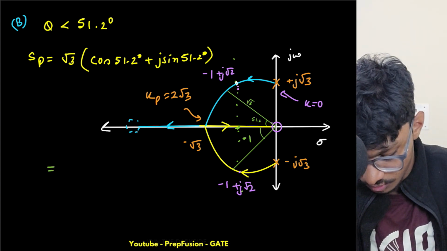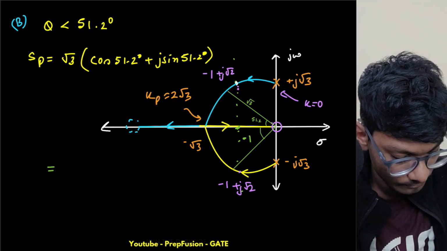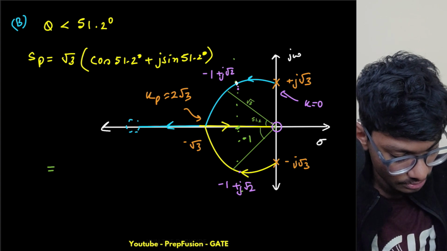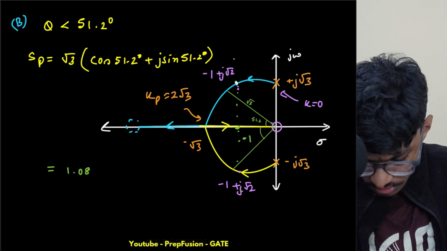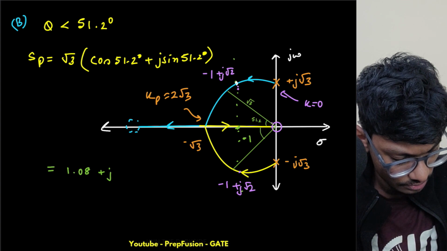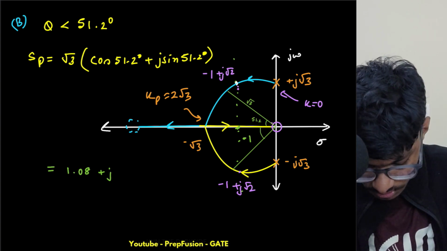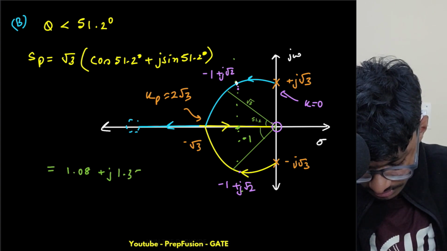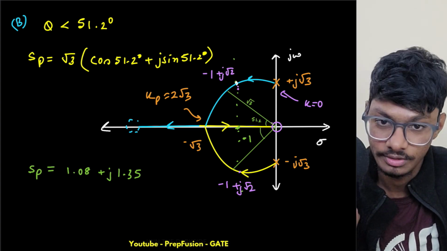So root 3 times cos 51.2, it is 1.08, plus j root 3 times sin 51.2, 1.35. So this is 1.08 plus j 1.35.